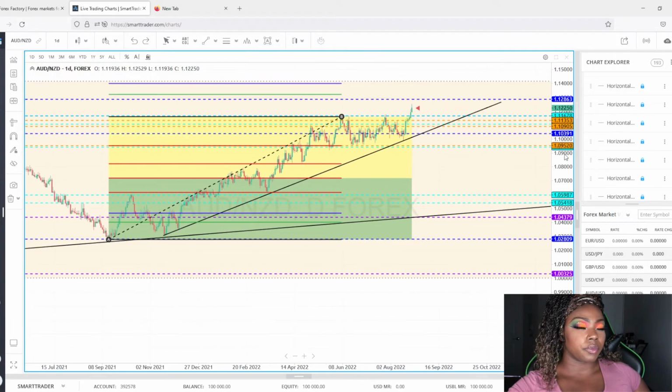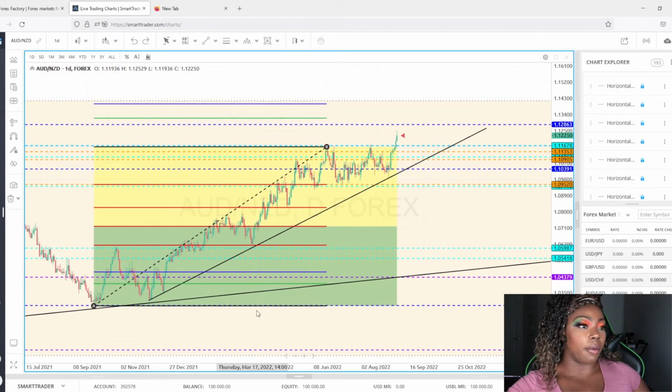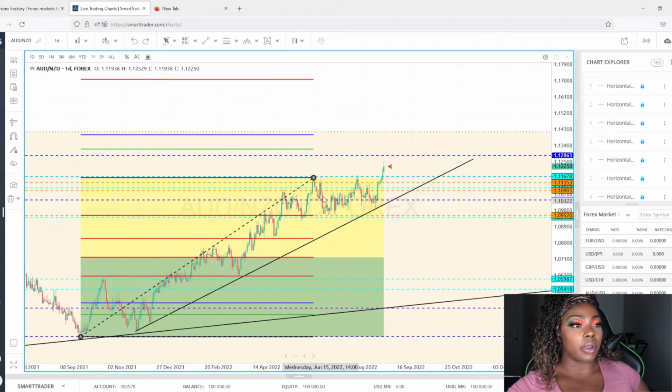So on a daily time frame, on an A to B move, we see that we're getting a lot of sideways movement here, just barely to the 236 level, and then it's pushing up through this daily and this weekly resistance zone, pushing up to this weekly resistance zone of 1.12863. Now I'm thinking it's still going to push up overall to this level here before coming back down.